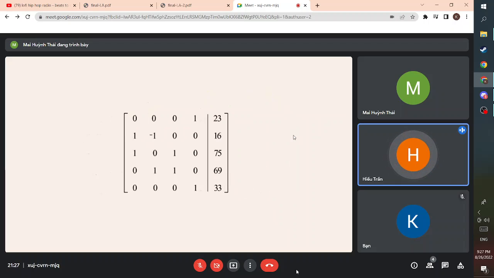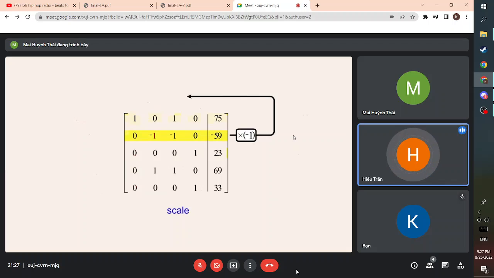The system of equations can now be put into matrix form. Once again, the variables in each equation have coefficients of either 1 or negative 1. We use the swap operation to exchange rows 1 and 3, and similarly use the pivot operation to add negative 1 times row 1 to row 2.